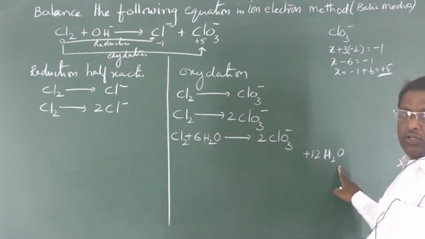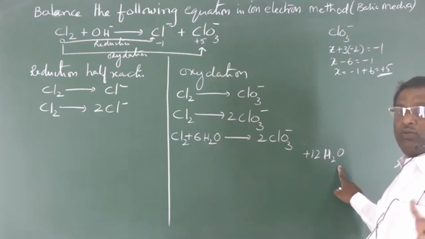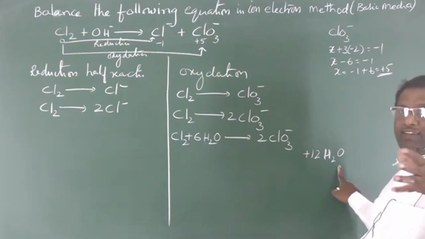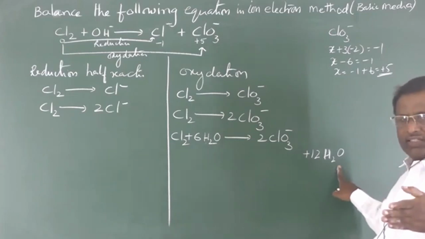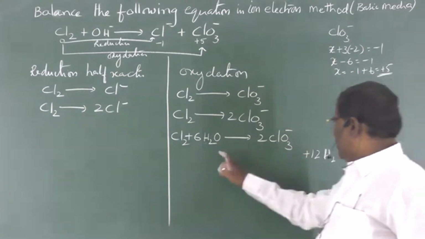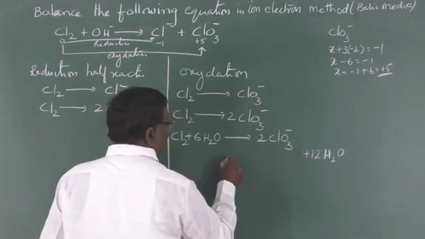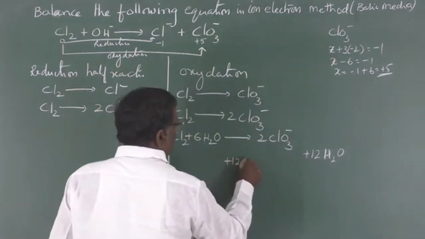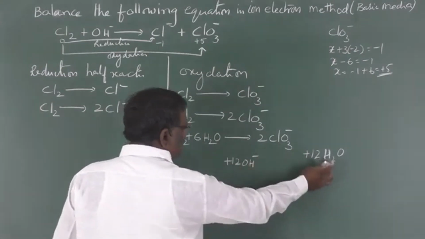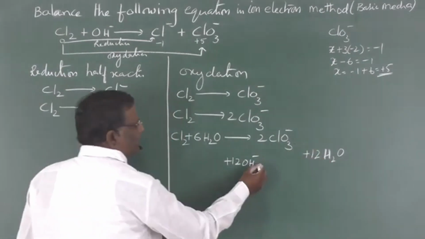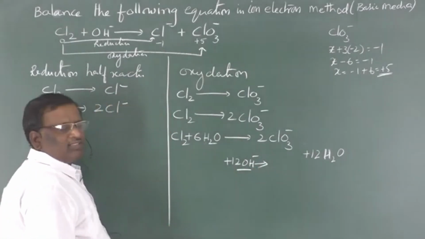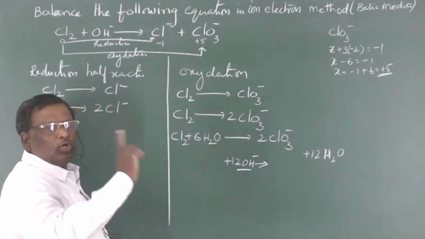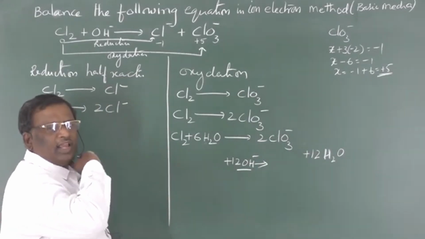So instead of 12 hydrogens, you are adding 12 H2O. That means you are adding 12 hydrogens and 12 oxygens in excess. To compensate that, you have to add the same number of OH minus ions this side. If you add 12 H2O on the product side, on the reactant side you have to add 12 OH minus, so that both hydrogen and oxygens are balanced at a time.